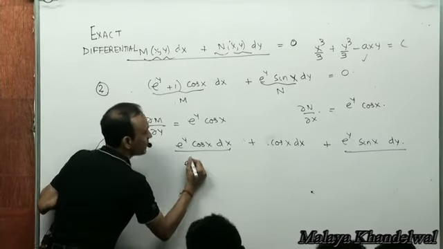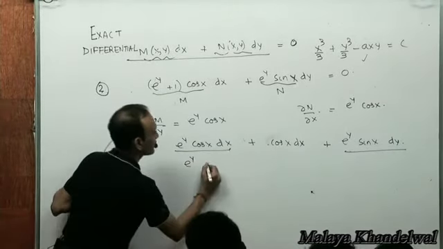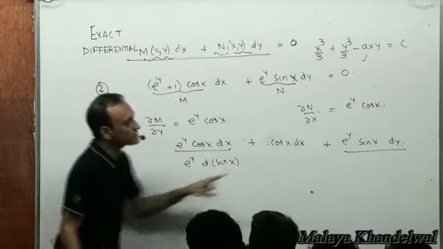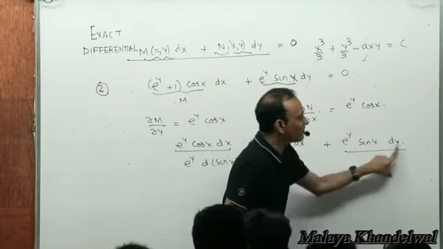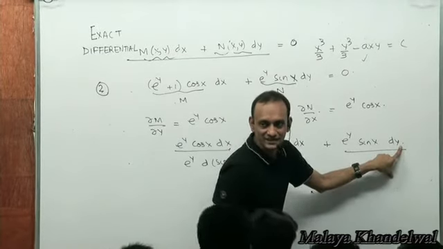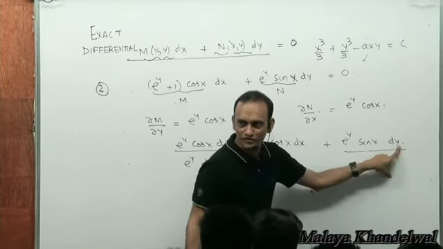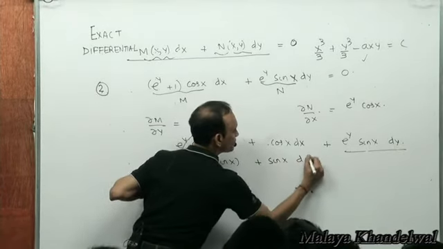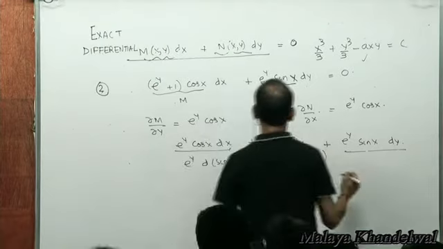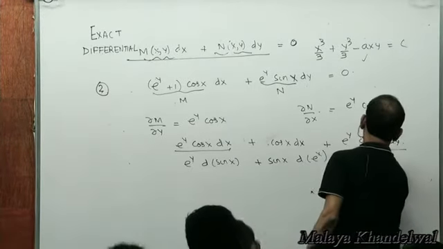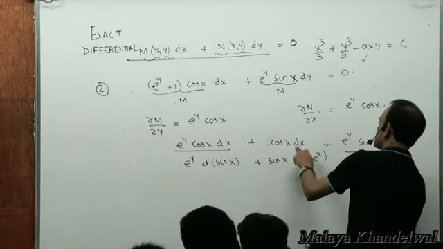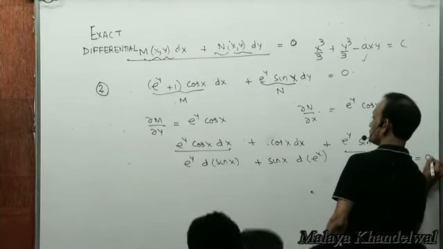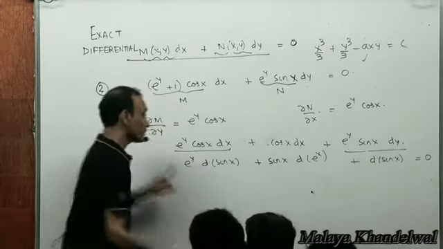So this is e power y d of sin x, since cos x dx is d of sin x, and e power y dy is d of e power y. So plus sin x d of e power y plus cos x dx, equal to 0.